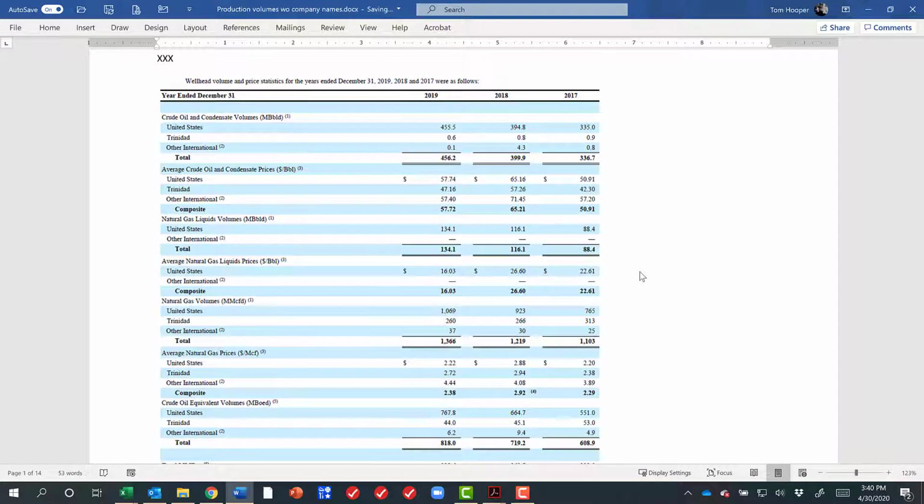Here's yet another company. They broke it down, again, a little bit geographically and gave us total oil for 3 years, total gas. Actually, these are natural gas liquids volumes.